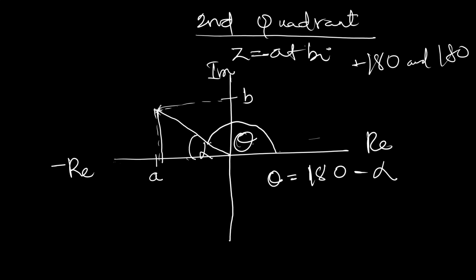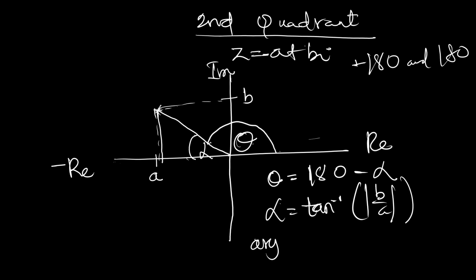And what is alpha? Alpha is going to be tan inverse of the absolute value of B over A. The reason why I didn't bring the negative is because it is in the absolute value sign. So the argument of z, which equals theta, will be equal to 180 minus alpha.